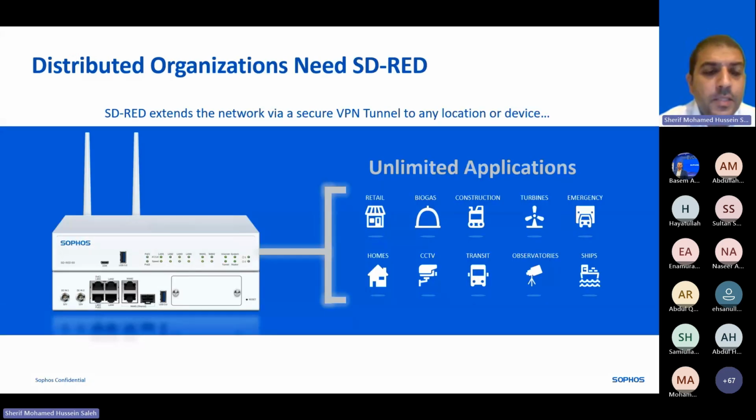The SD-RED hardware is very optimal for retail solutions. If you have remote branches, a moving branch for example, or a remote connection like CCTV, this is a very cost-optimal solution to extend your firewall.